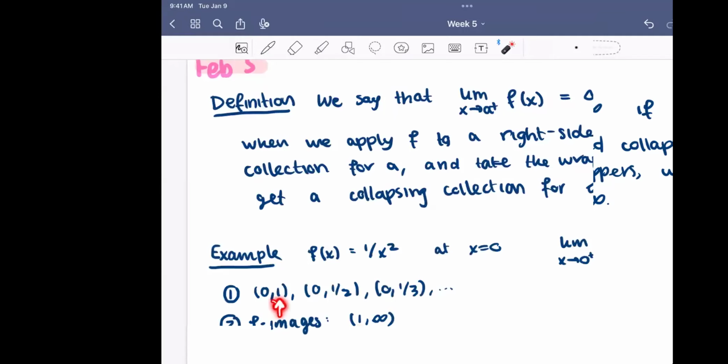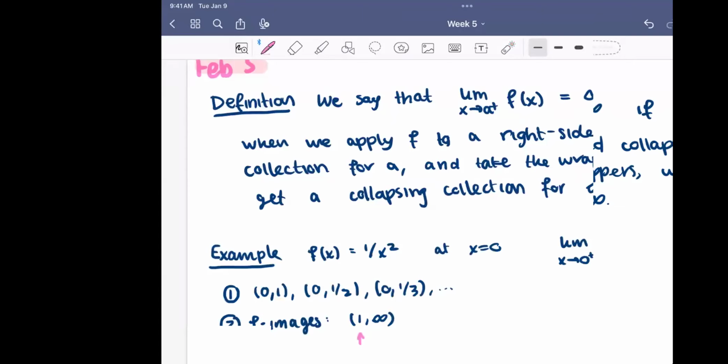So 1 over 1 squared gives us this 1. That's how we got that 1. And then, just to be precise about this, is every number larger than 1 contained in the output of f?